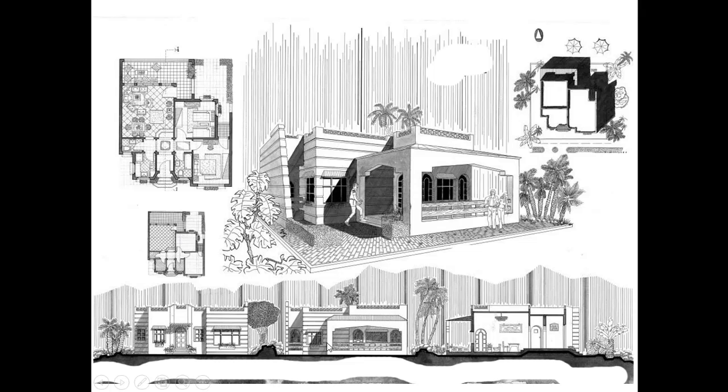Here are the main elevation, the side elevation and the main section, and here the layout. As we see, all elements were presented using ink techniques, even the sky, even the plants, everything.